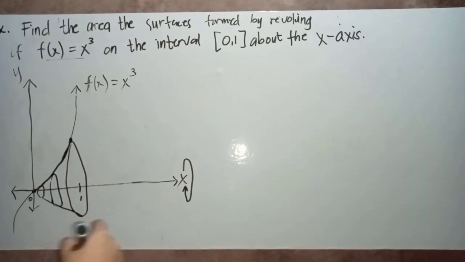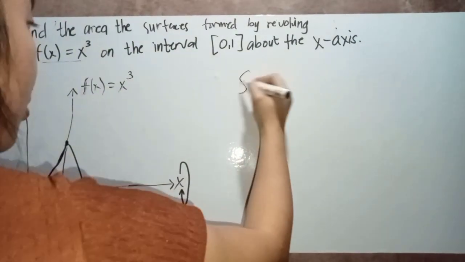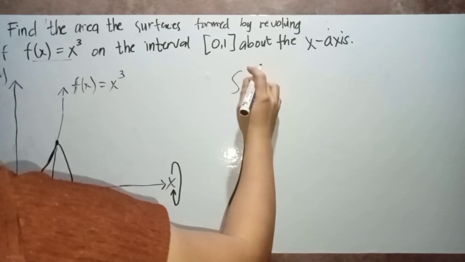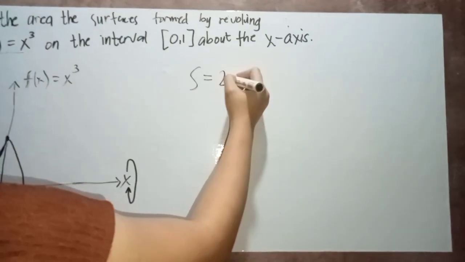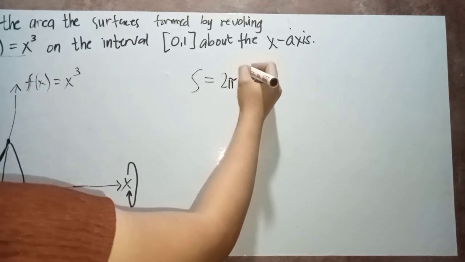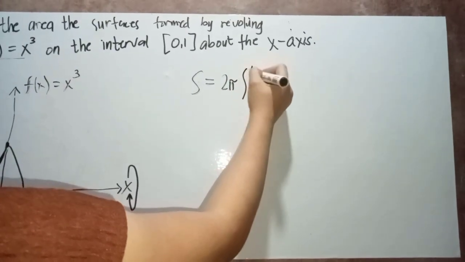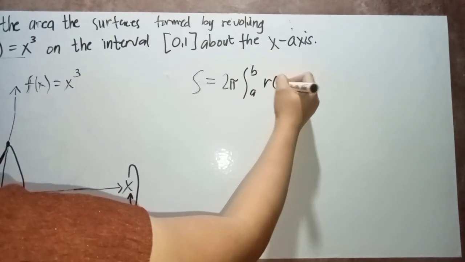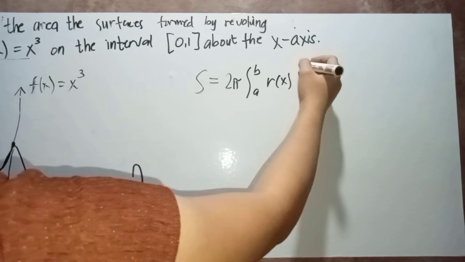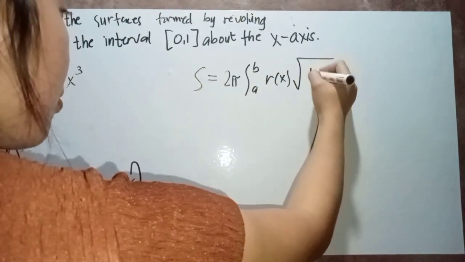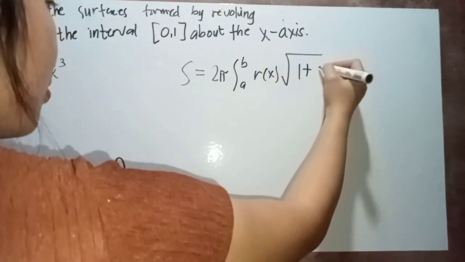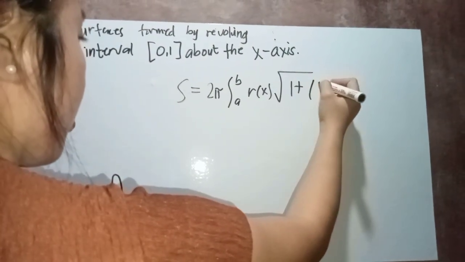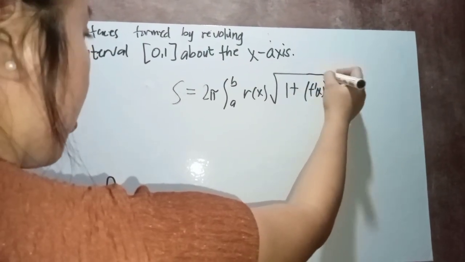And so if we want to calculate the area of the surface, we will use the following formula: the area of the surface is equal to 2 pi times the integral from a to b of the radius in terms of x times the square root of 1 plus f prime of x squared, dx.